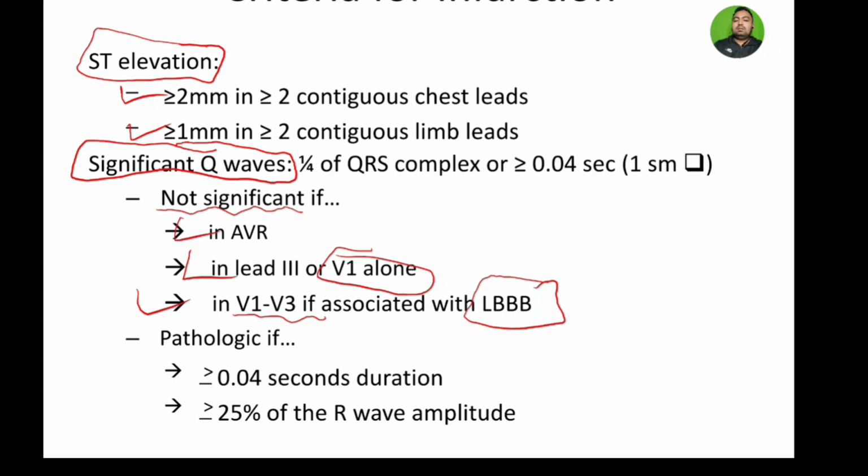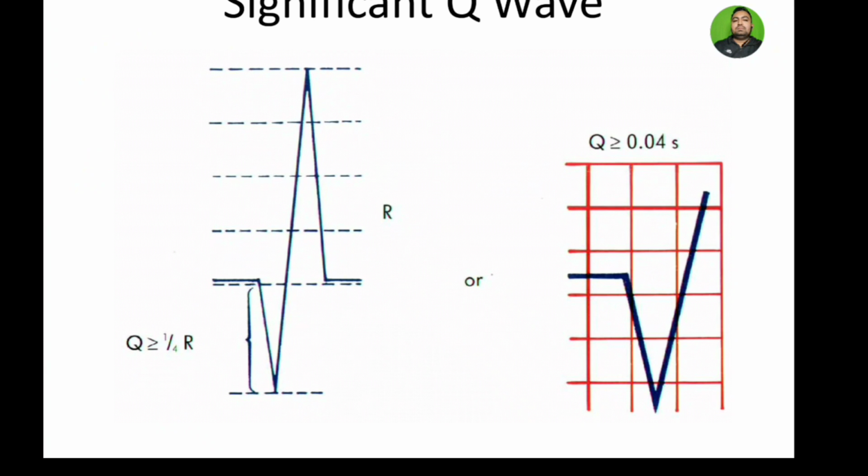It is considered pathologic if it is greater than or equal to 0.04 seconds in duration. Whenever it is broader than 1 small box of the ECG, it is considered pathological, and if it is greater than 25% of the height of the R wave.